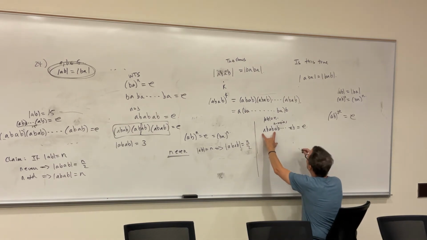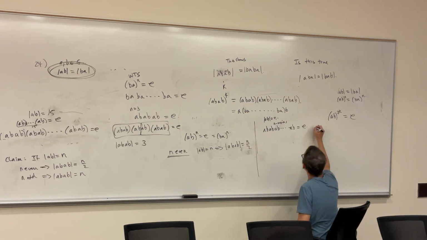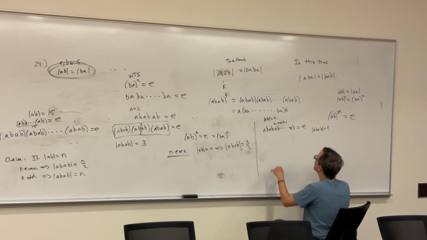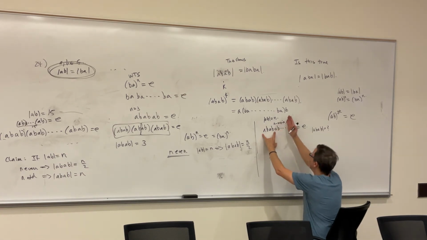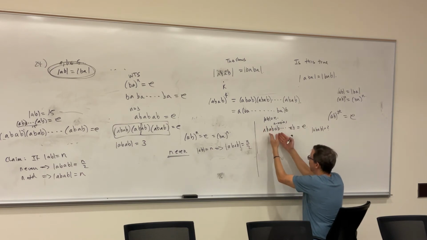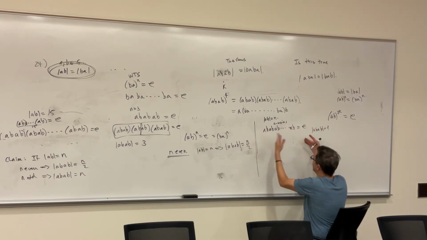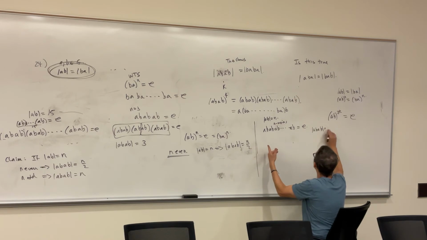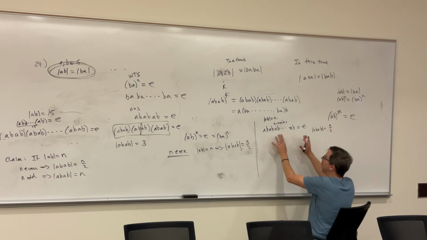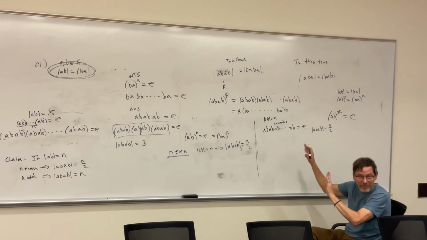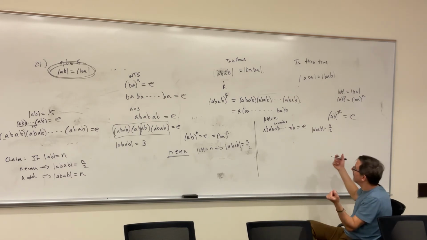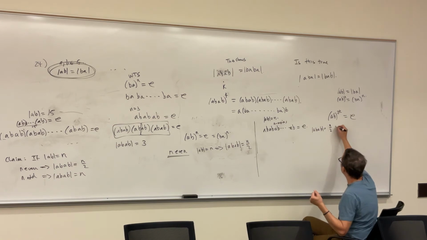So, what is the order of AB? Well, if n is even, and I'll just cut these into groups of 4, the order of AB is gonna be n/2. To me, that seems pretty obvious, but maybe not. Does that seem, yeah, that seems pretty obvious to me if n is even.